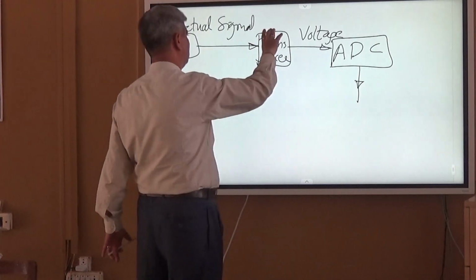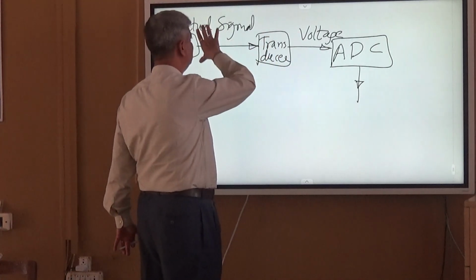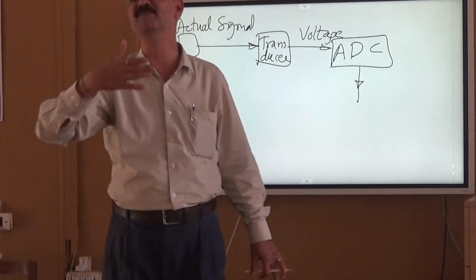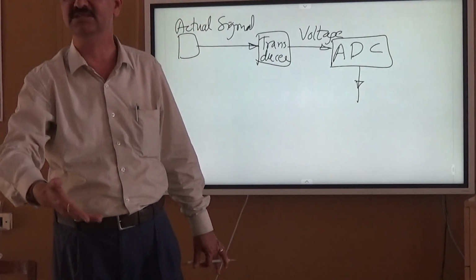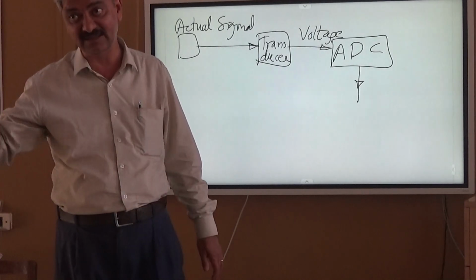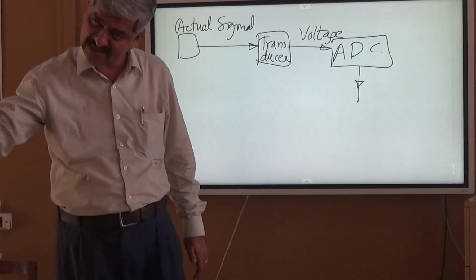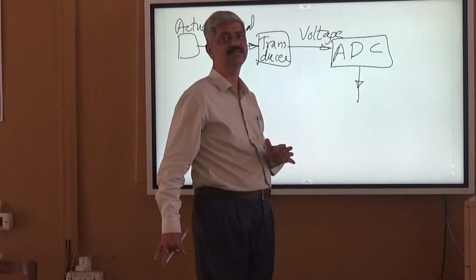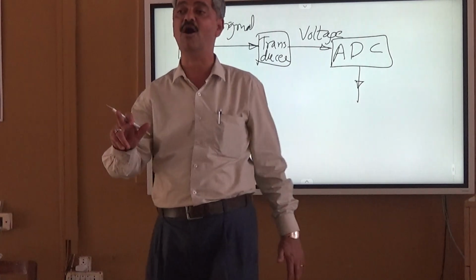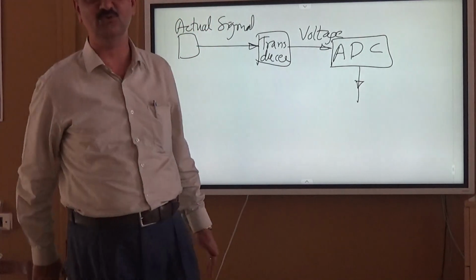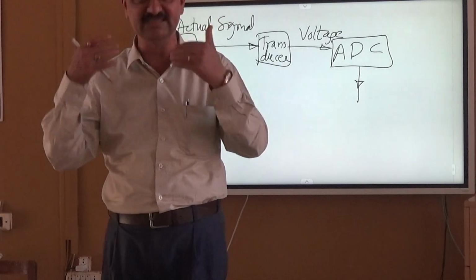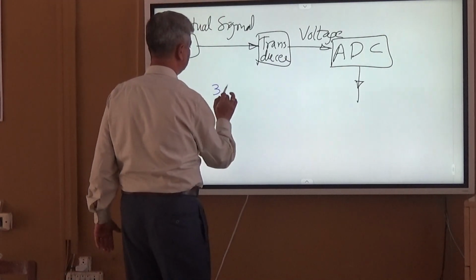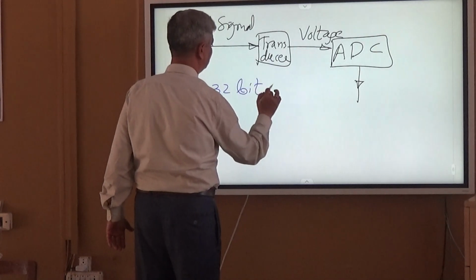Because the transducer converts this signal into voltage, means voltage is just a medium of carrying information. In electrical engineering, when you talk about voltage, it is for transferring energy. This analog to digital converter converts it into an array of bit numbers. Now a 32-bit ADC is very easily available. So it converts into a stream of 32-bit numbers.